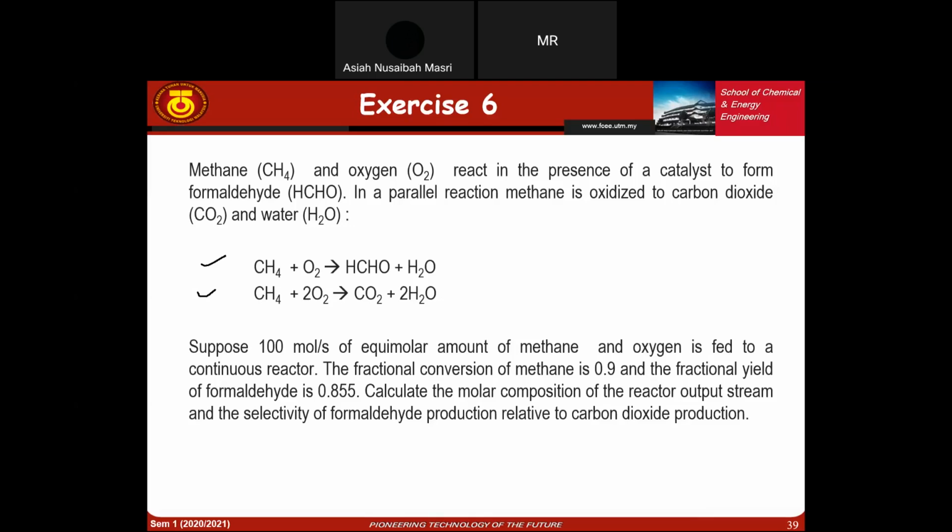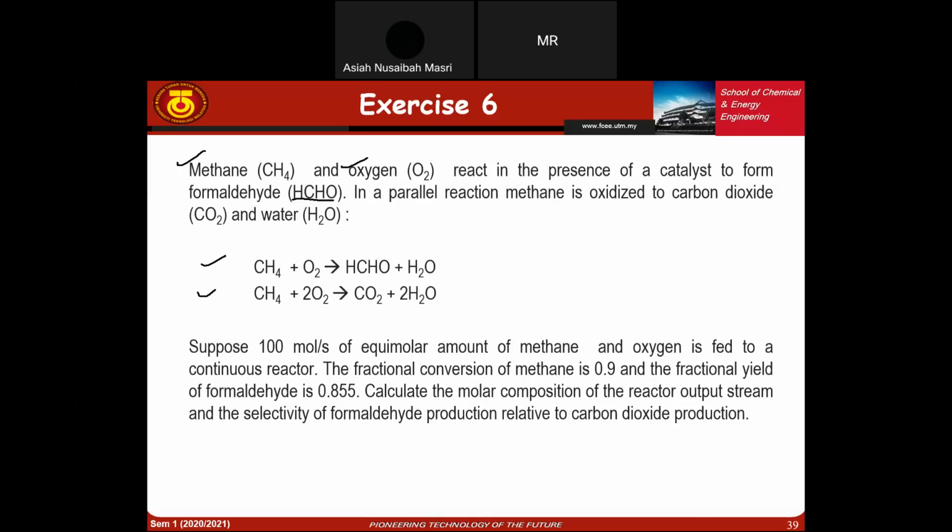production. Okay, take your time, pause the video, and try to extract the information. Okay, I'm assuming that you have extracted the information. So let's reread the question and extract the information at the same time. So here we have two reactants, methane and oxygen react in the presence of a catalyst to form formaldehyde.